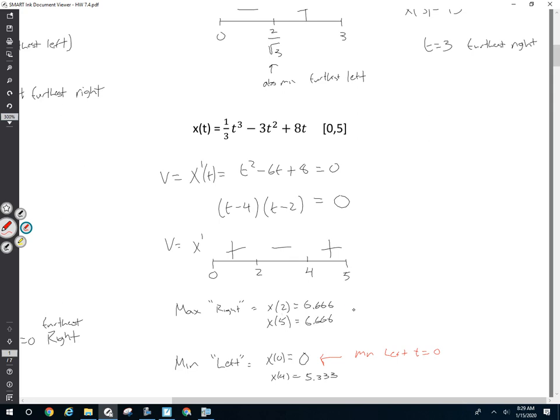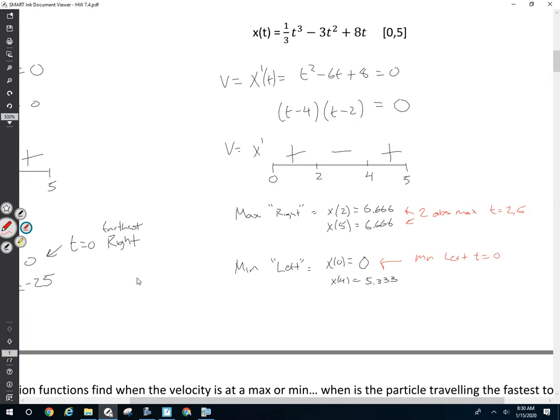And then I see at both 2 and 5, I have 2 maxes. When t is 2 and 5, I'll have the position that's furthest to the right.